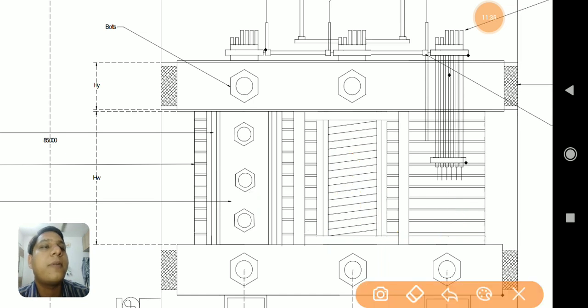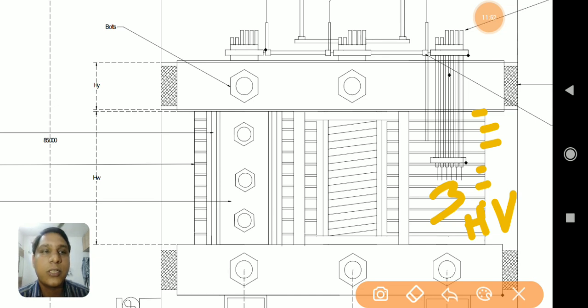Apart from that, the third limb which is represented here is just showing the HV winding. This is the HV winding, and these are the number of coils: 1, 2, 3, 4, 5, 6. Likewise, if you count them, that could be exactly similar to the number of coils that you have calculated. You might have gone through the design statement.